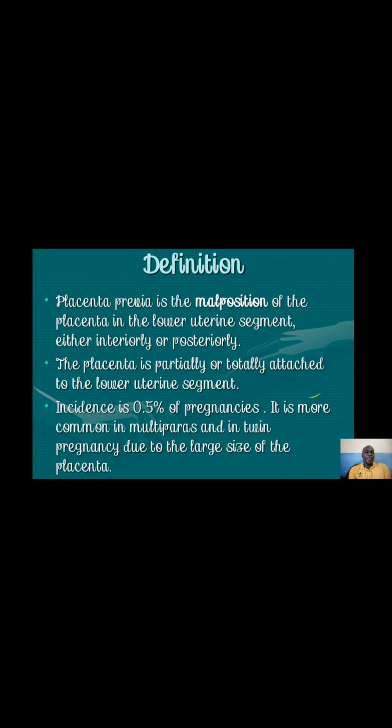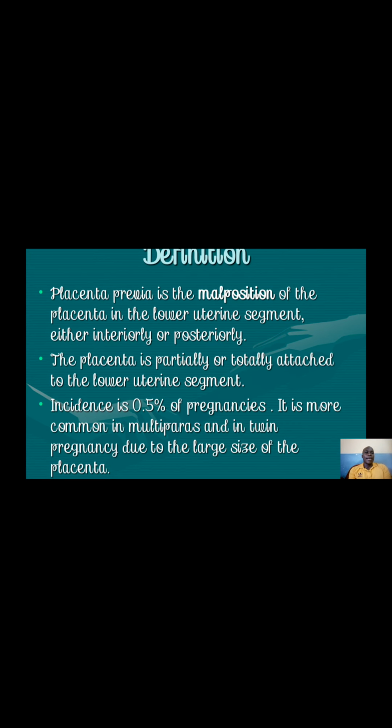By definition, placenta previa is a malposition of the placenta in the uterine segment, either anterior or posterior. Kwamba placenta previa ni malposition ya placenta, inaweza ikawa sehemu ya mbele au ya nyuma, lakini ipo sehemu ya chini ya uterine.